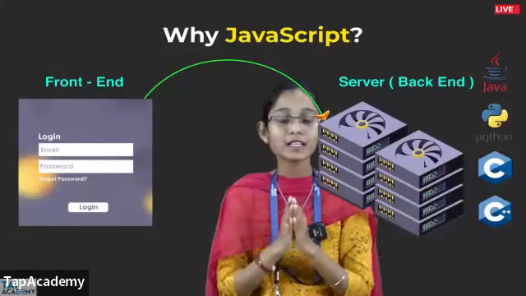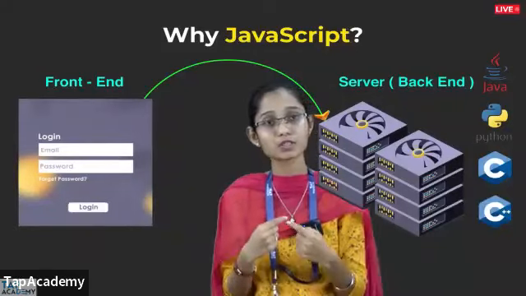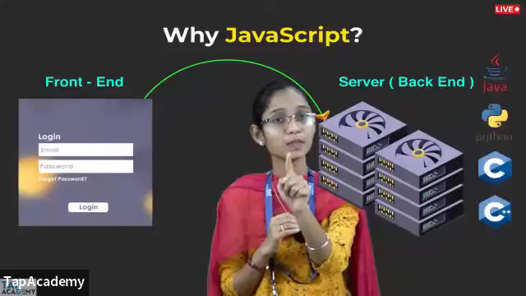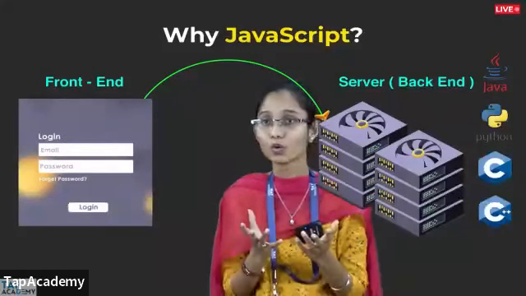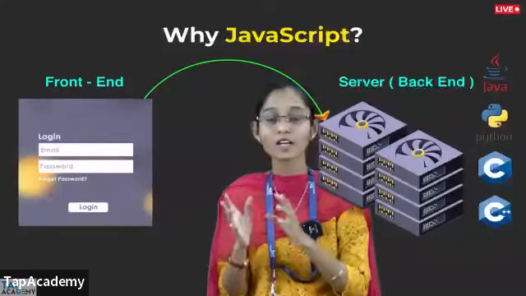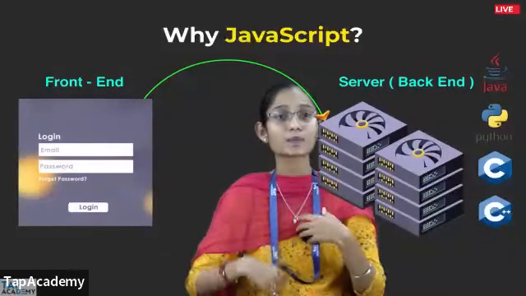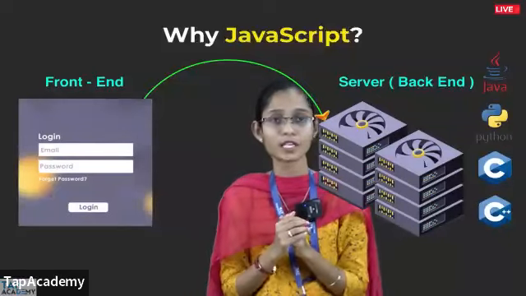Now, can we guarantee that whatever inputs the users are giving us will definitely be correct? No. Sometimes the pattern they have given might not be the same pattern we are expecting from our development side.